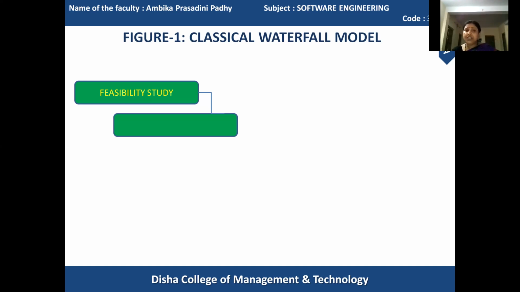In what manner does the feasibility study help you? We have already discussed it. The feasibility study gives the information to be collected regarding the software product, and confirmation is done here whether the software product can be developed or not.